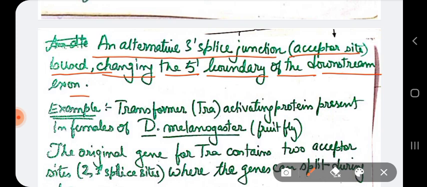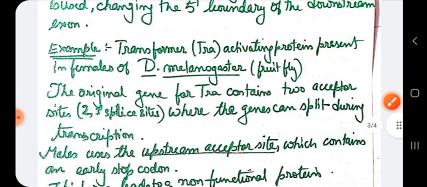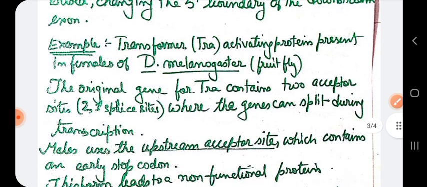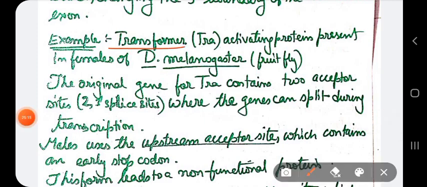The best example of this type of alternative 3 prime splice site is the transformer activating protein, which is also called in short as TRA. This transformer activating protein is present in the female of Drosophila melanogaster. Well, most of the alternative splicing experiments are observed on this model organism of Drosophila.